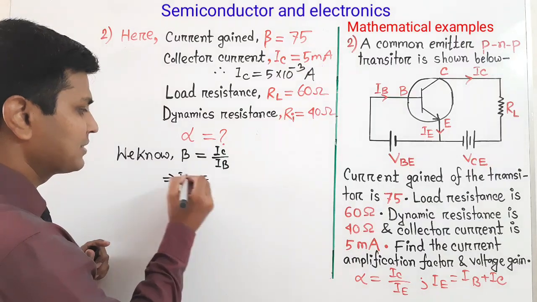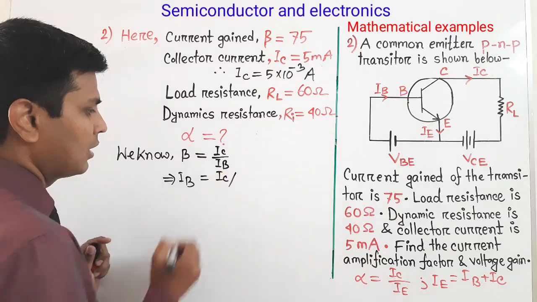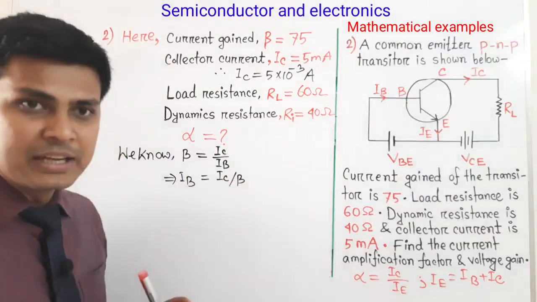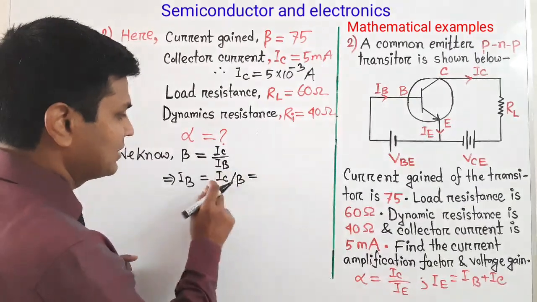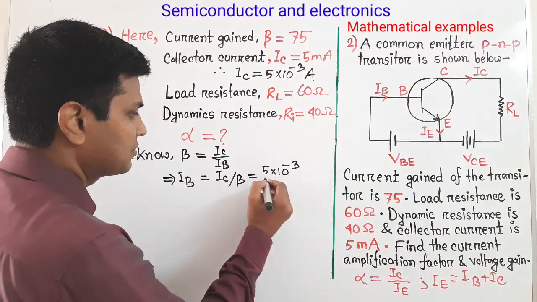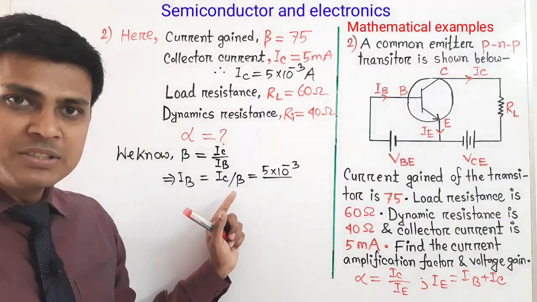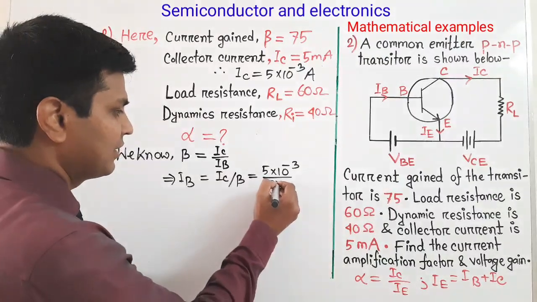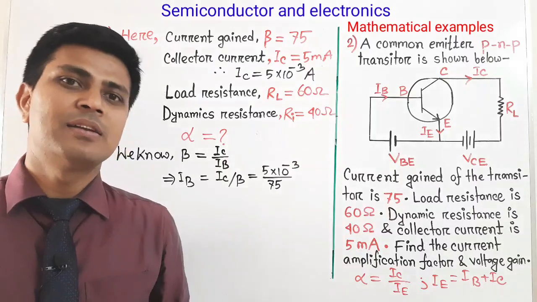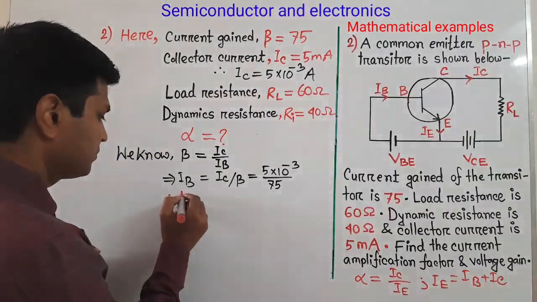So you can write here: base current equals IC, that means collector current, divided by current gain, and the value of IC is given here as 5 into 10 to the power minus 3, and beta, that means current gain, is given here as 75. After calculating this expression, we will get the result of IB.